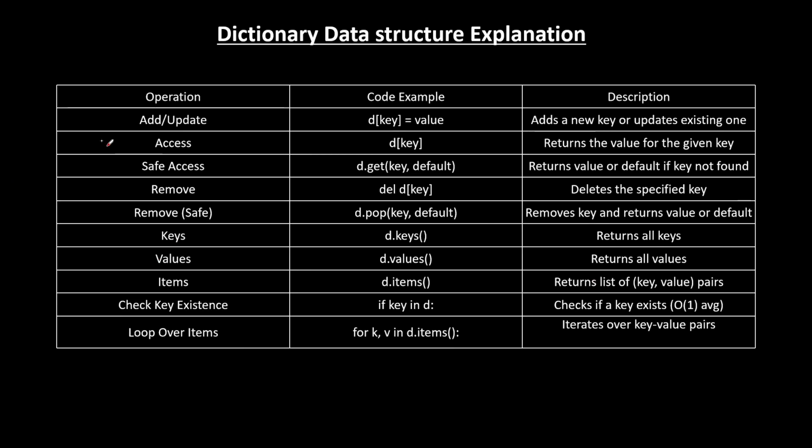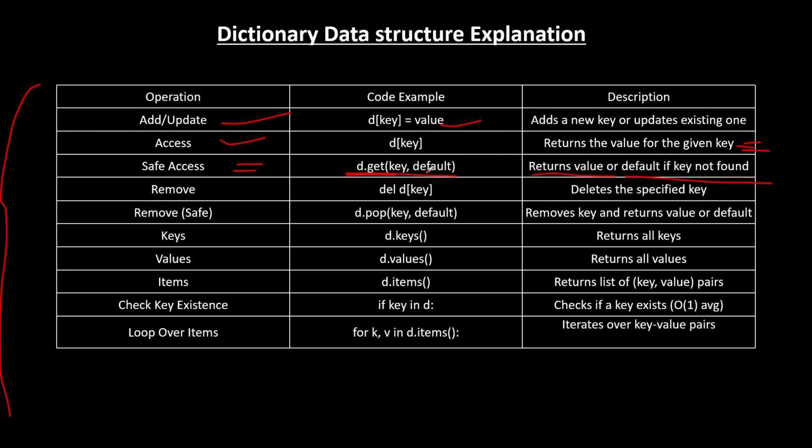Also, there are multiple operations of a dictionary. I've written the table here. One is add and update. You can just add and update in this way, correct? Then accessing using the dictionary key, you can return the value of the given key. Safe access could also be done using get, which means returning a value or a default if it is not found.